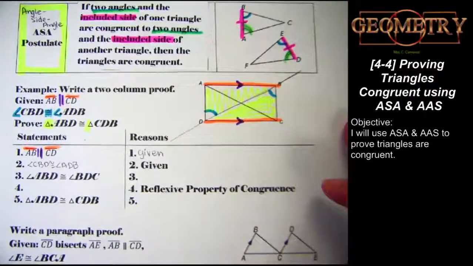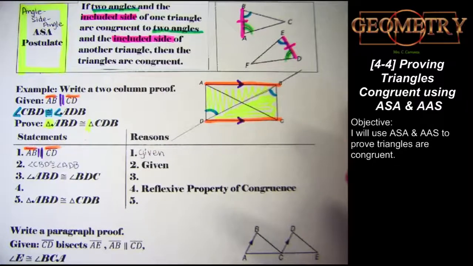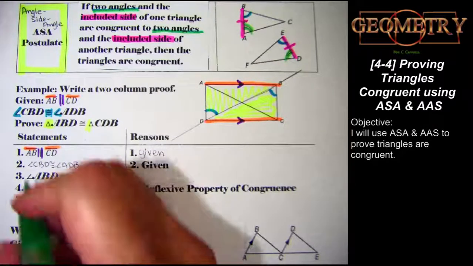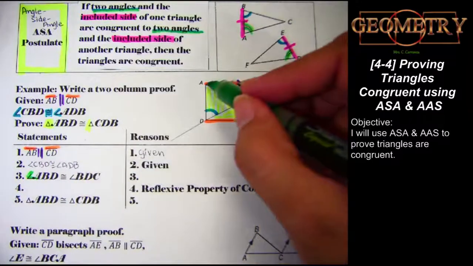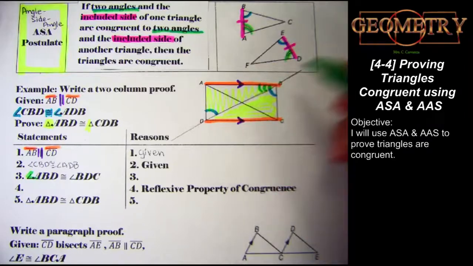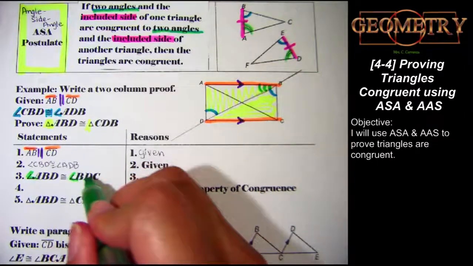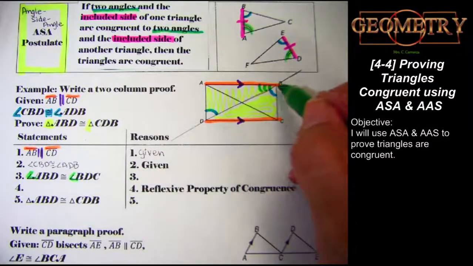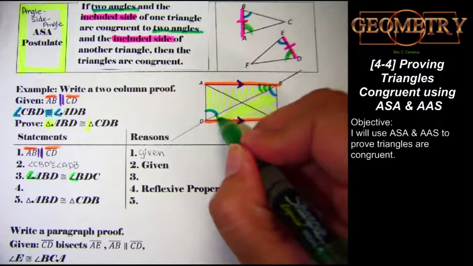The next statement says angle ABD, this angle right here, is congruent to angle BDC, this angle right here.